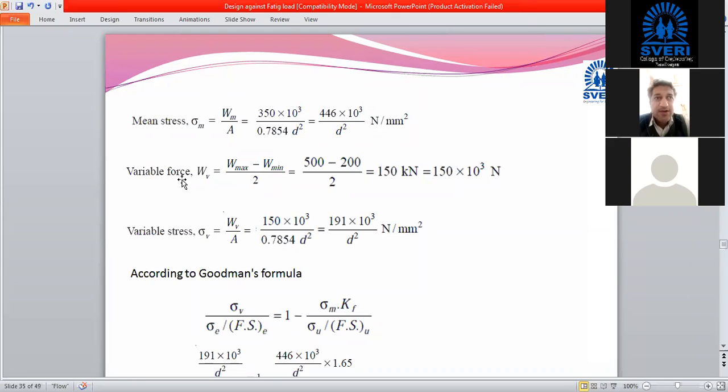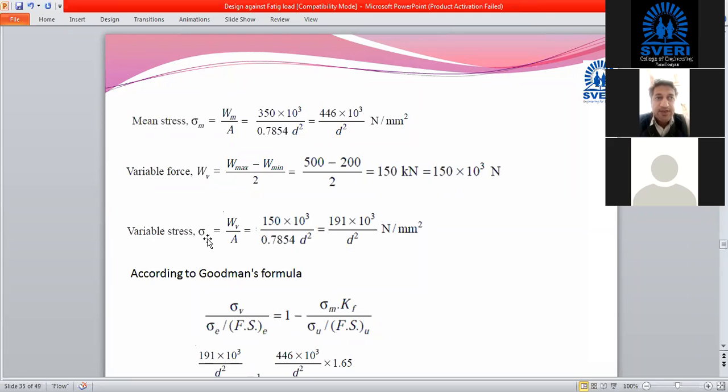And when we calculate the variable force, which is going to vary, it is W max minus W min, not mean actually, minimum, divided by 2. So this variation is up to 150 kilonewton, that is 150 into 10 raised to 3 Newton.